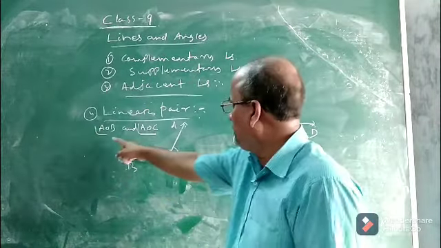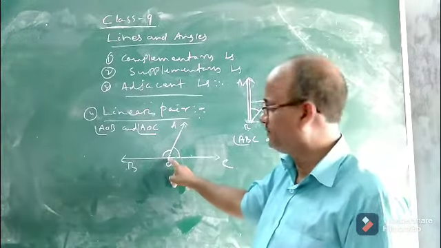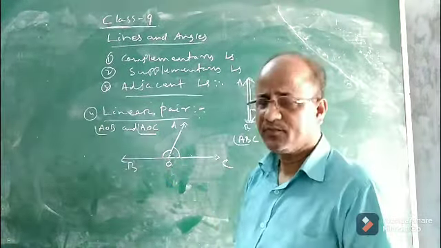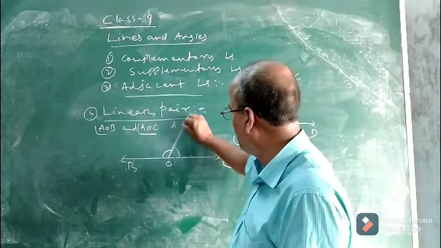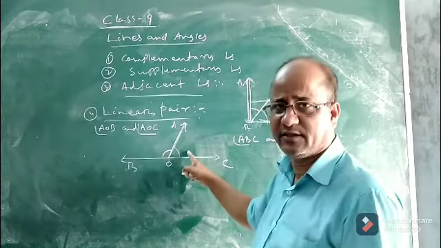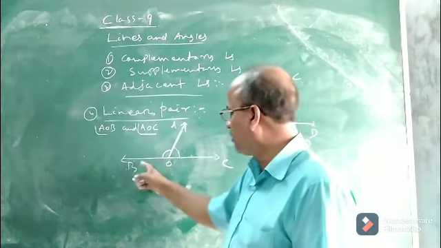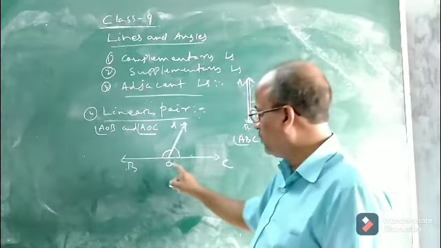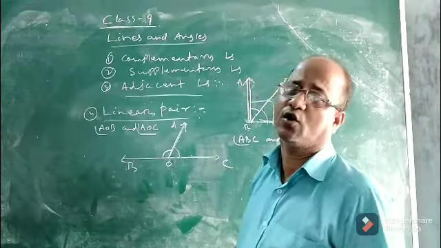If I ask you which is the common vertex, the answer will be O. O is the common vertex of these two angles. Second point, which is the common arm? Clearly OA is the common arm, because this arm is present in this angle as well as in this angle. Then which are the non-common arms? The rays OB and OC are the two non-common arms.